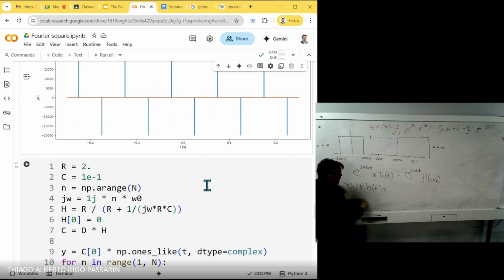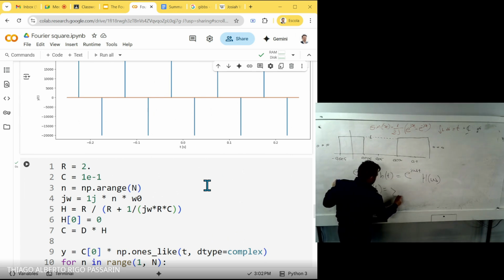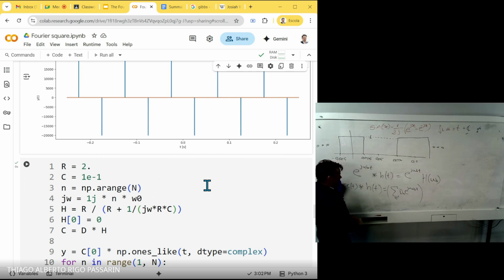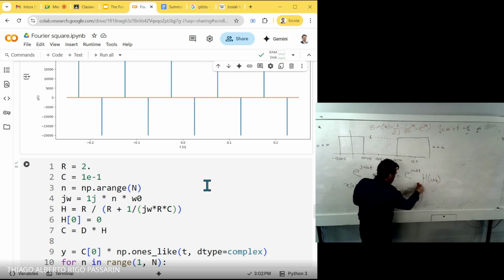If this is periodic, I can write it as a Fourier series, sum of c n e to the j n omega 0 t. This convolved with h of t, but I can convolve with each individual exponential.